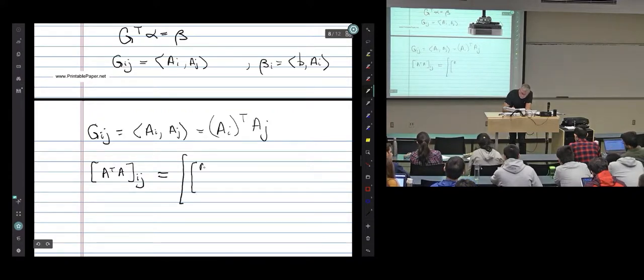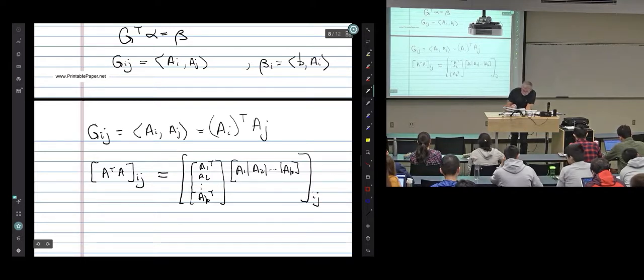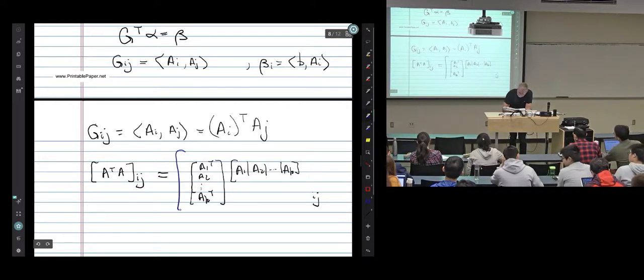So this would be A1 transpose, A2 transpose, ..., AK transpose, that's the A transpose, and we know A in terms of its columns. The ij entry of that.